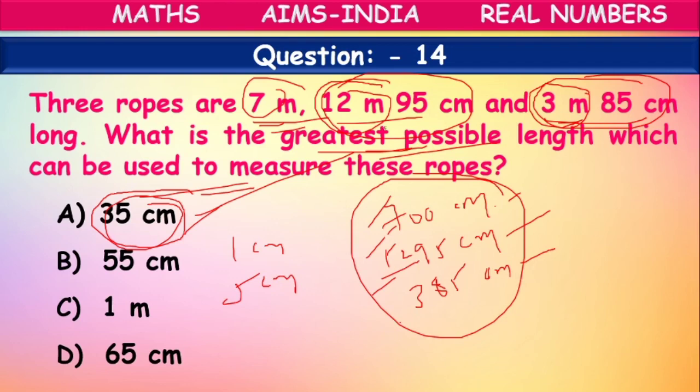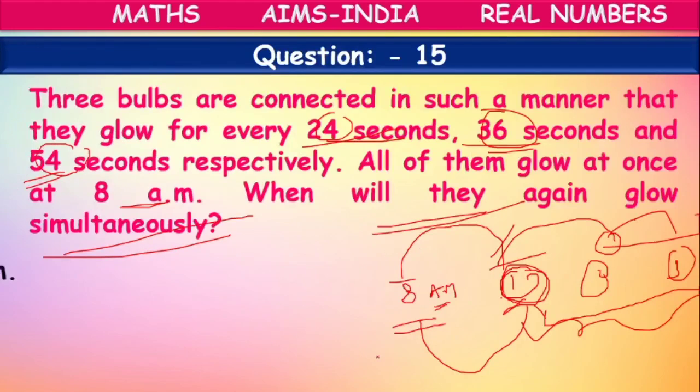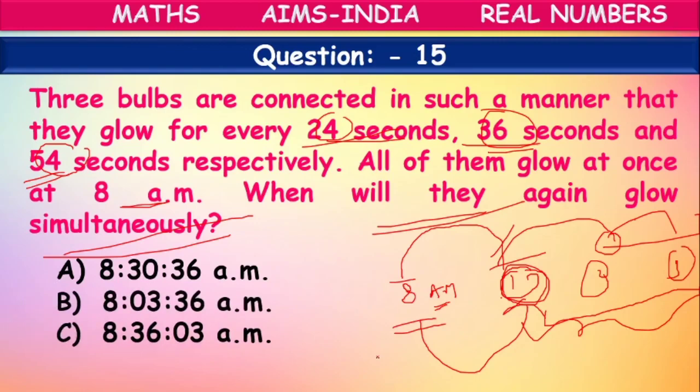But what they are asking is the greatest possible length, means with 35 centimeter we can measure them exactly. That will be the greatest. After that, with any other length we cannot measure. So according to the given condition, we have to cross check whether we have to find HCF or LCM. So in this case we have to find LCM.